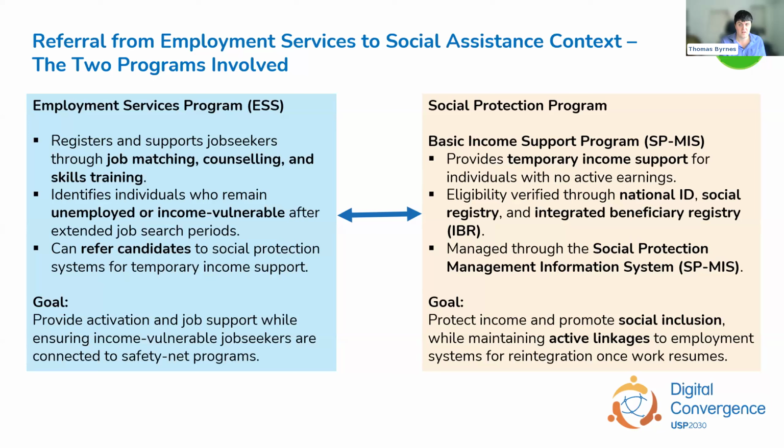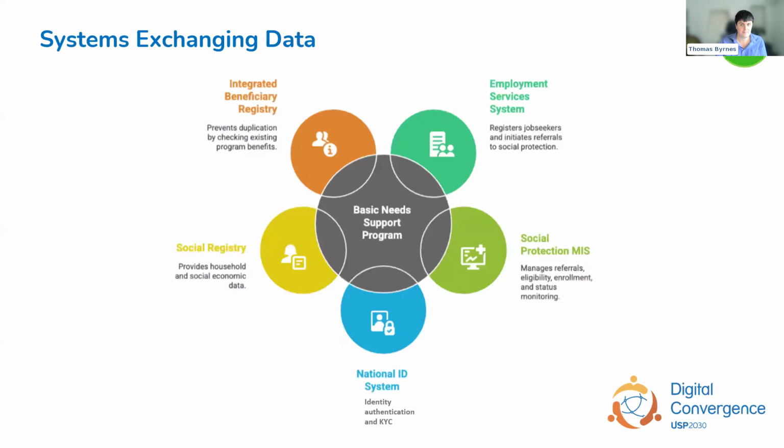Eligibility is verified using national ID, social registry data, and the integrated beneficiary registry, but it can also receive referrals from other programs. And this flow shows how the 2 systems can work together so that job seekers with financial vulnerability can be quickly connected to temporary income support while still maintaining active linkages back to employment for reintegration once work resumes. So if you go to the next slide.